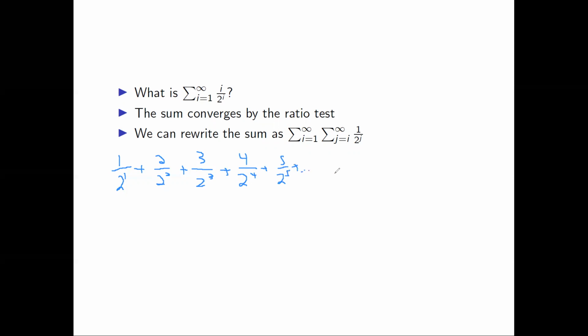And then we're going to write that sum in a different way, but it's going to be clear from how we wrote this. So we can say that this is equal to this sum, 1 over 2 to the 1. And I'm going to take that 2 over 2 to the 2 and split it up into 1 over 2 to the 2's. So I'm going to write it as 1 plus 1, and that over 2 to the 2.